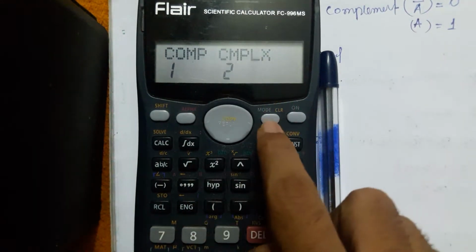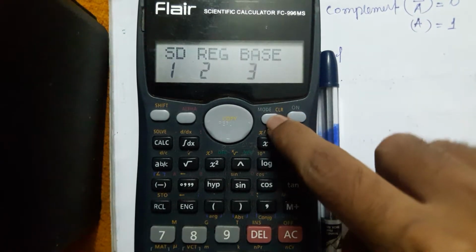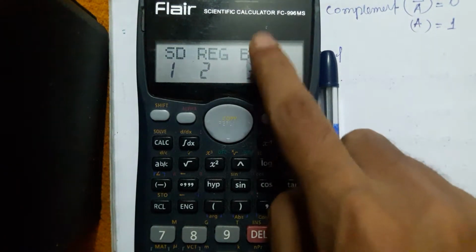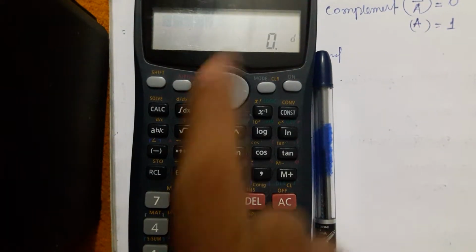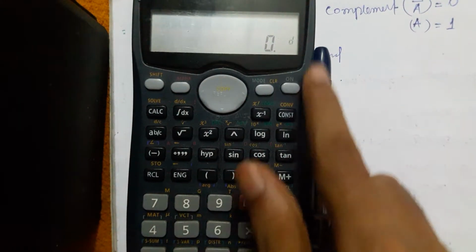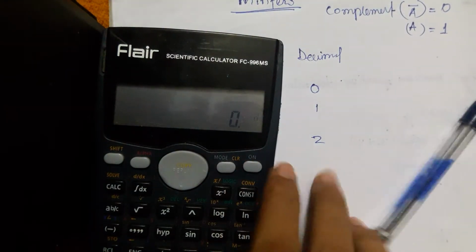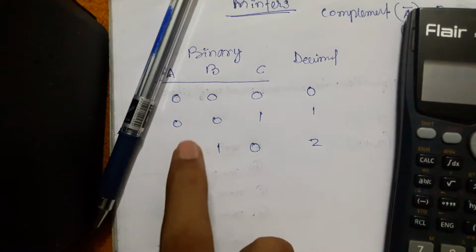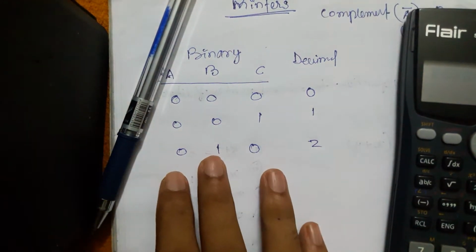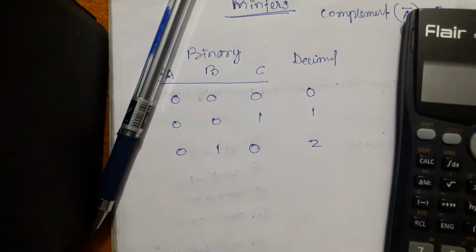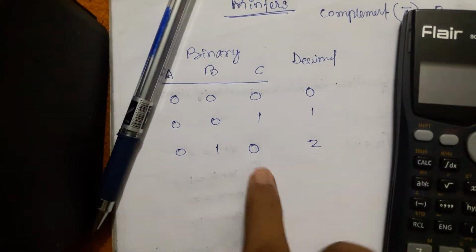Press the mode button twice, then you can get the base. For the base, press 3 to select it. Now I have written here decimal 2, which is equivalent to 1 0, or 0 1 0 if we are considering 3 digits or bits.